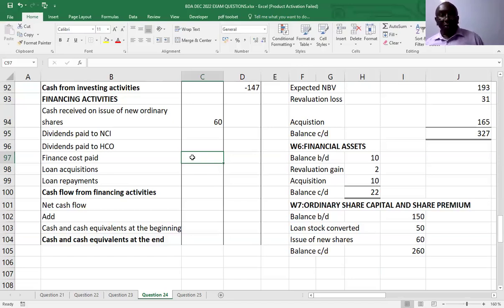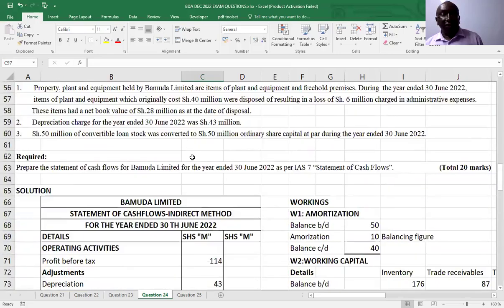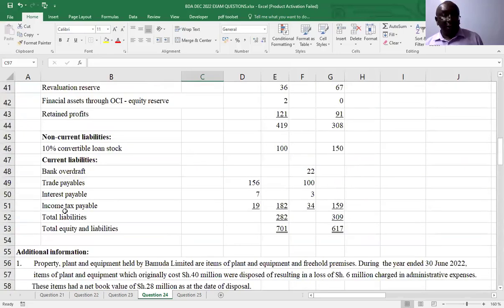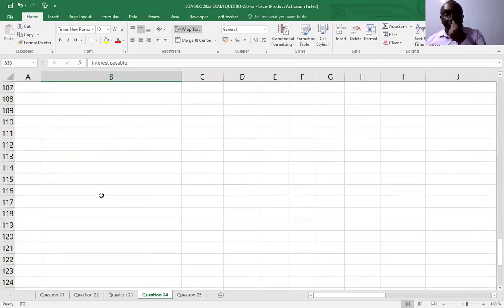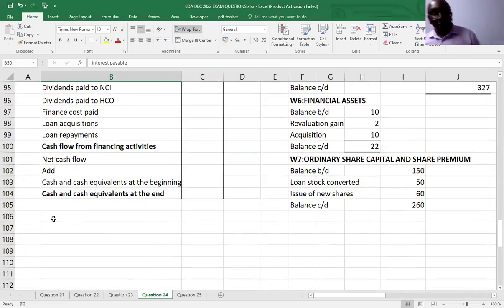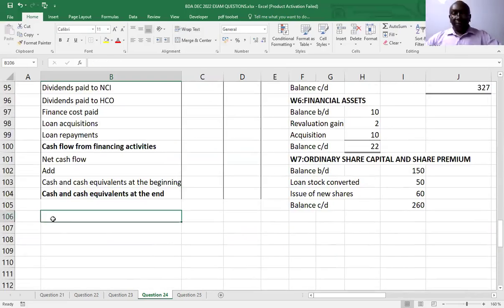So we will have to do a working for it. And why we require working, you can see this one, the payable. Yeah, the payable, that will require a working. So, hiyo naweza kuja niweke hapa. That is working 8.